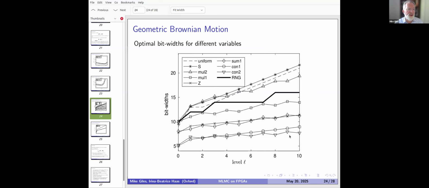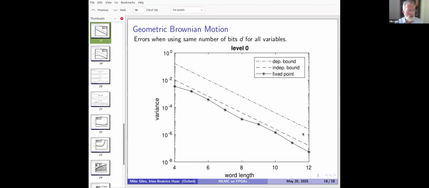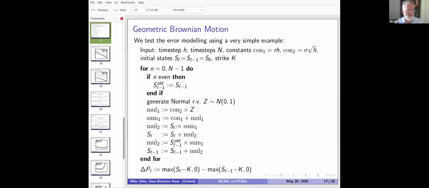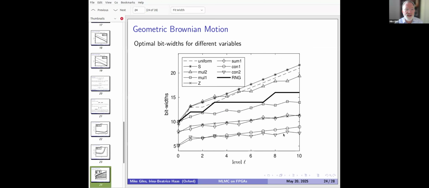I guess the issue is that the S variable, if I go back to here, is involved in multiplications and additions, and it's involved in quite a lot of the calculations, so a significant proportion of the overall operations involves S, and so the S accuracy really does drive the cost to a significant extent.